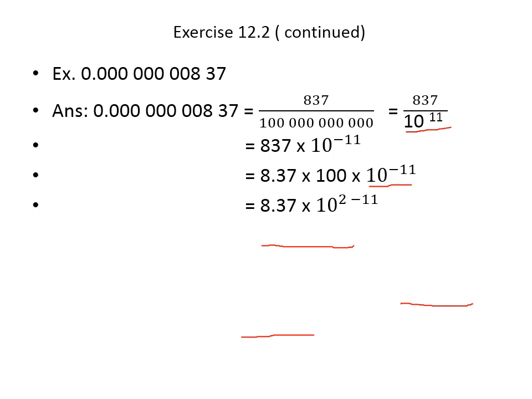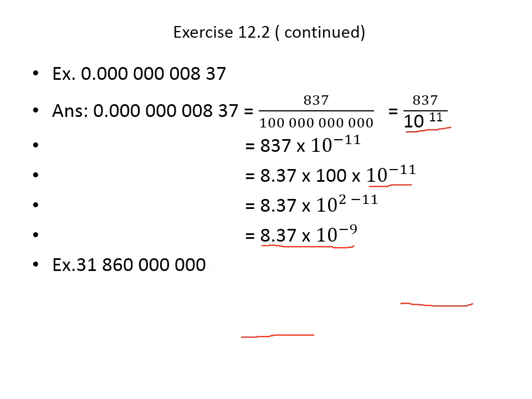Here again we use the laws of indices, 10 raised to 2 minus 11. So this is equal to 8.37 into 10 raised to 2 minus 11, which is 8.37 into 10 raised to minus 9. So again we expressed the given number in the standard form.